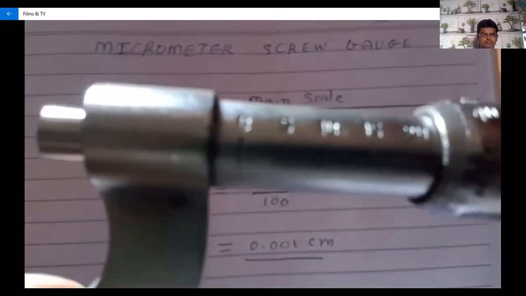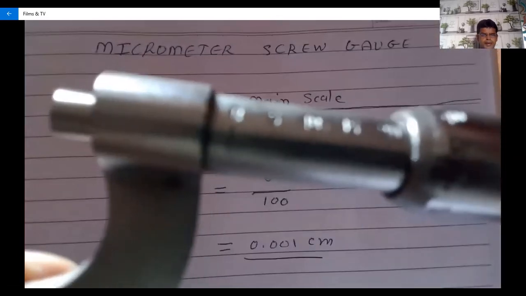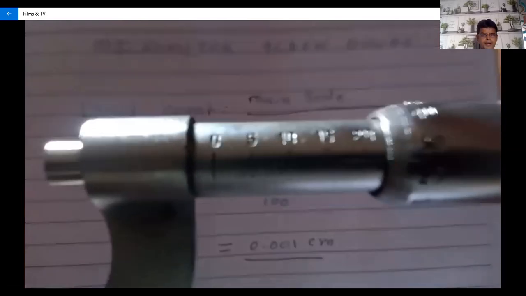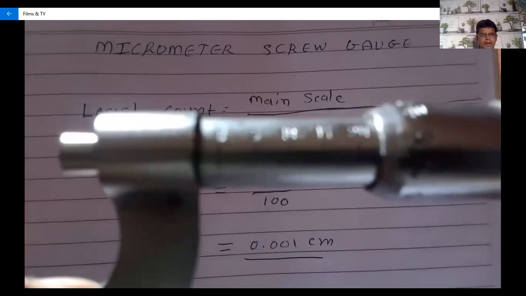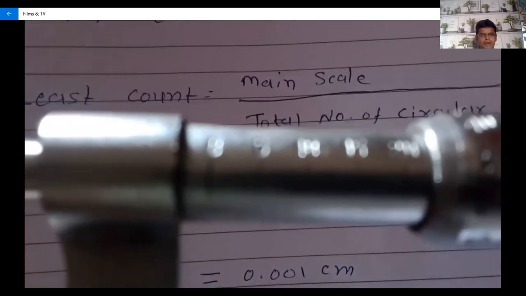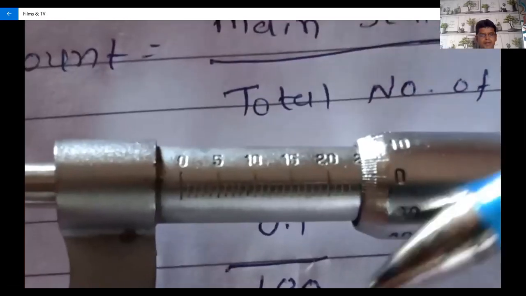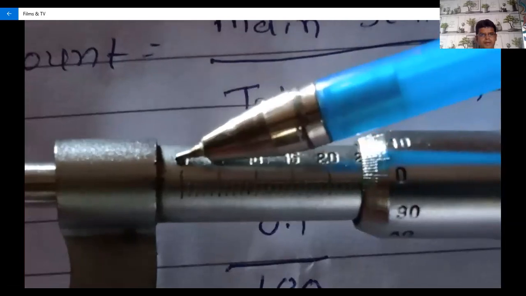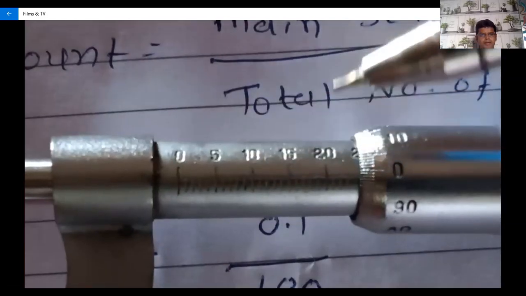So it is the main scale value of the given screw gauge, a micrometer. The main scale value starts from 0, then goes up to 5, 10, 15, 20.